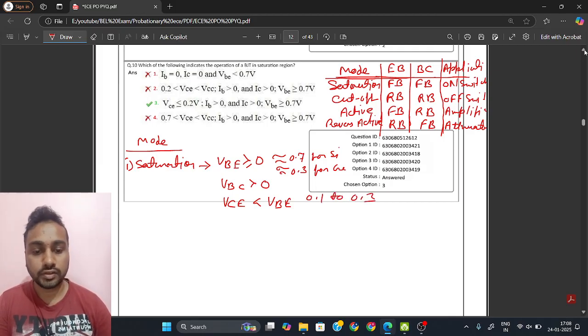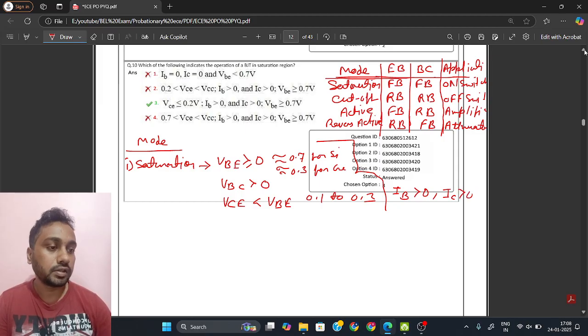This is the first condition. For saturation region the voltage condition is like this, but for the current, IB should be greater than 0 and IC should be greater than 0. This is the saturation region.